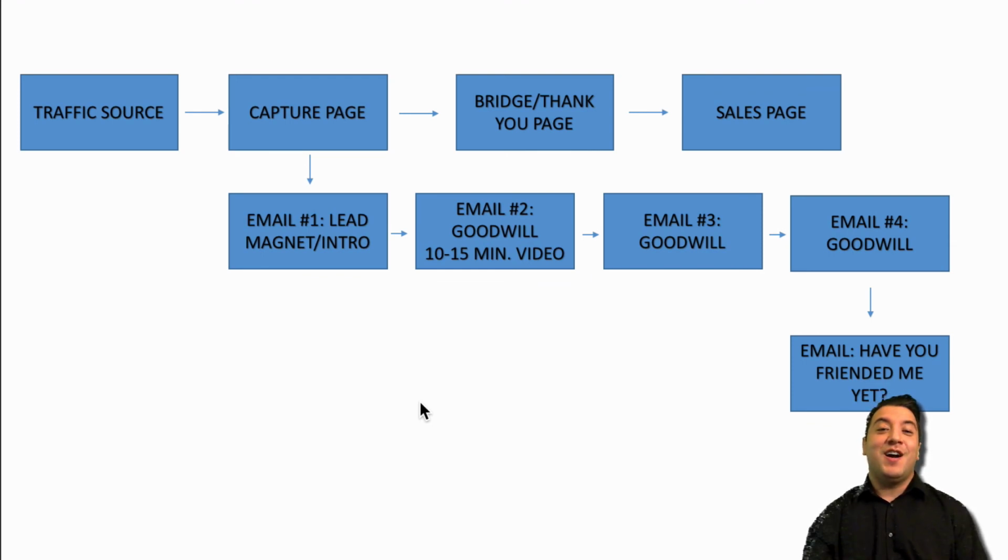And now that they've gotten used to you and the value that you provide, they're more likely to open your emails. They're more likely to be receptive to any offer you put in front of them, whether it's your own offer, a network marketing opportunity, or an affiliate offer. They're more open to taking a look at it because they know that you provide value in what you do.